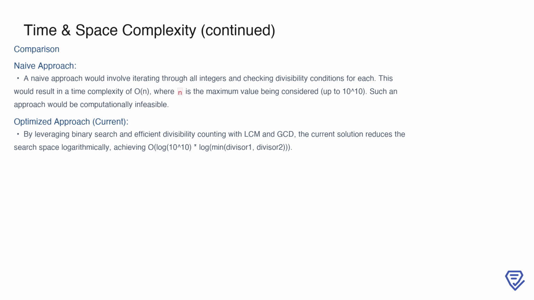On the other hand, the optimized approach combines binary search with efficient divisibility counting using LCM and GCD. This drastically reduces the search space and achieves a time complexity of log 10 to the power of 10 log min divisor 1 divisor 2. This optimization demonstrates how leveraging mathematical insights can transform an otherwise impractical problem into one that is computationally efficient.